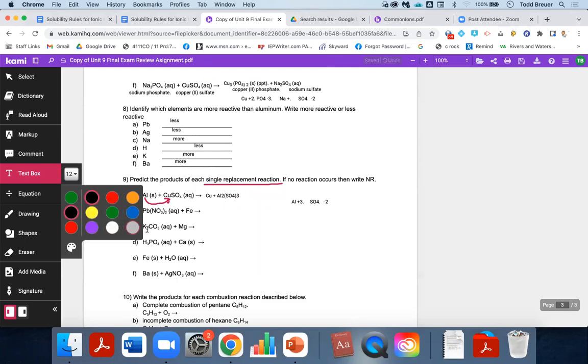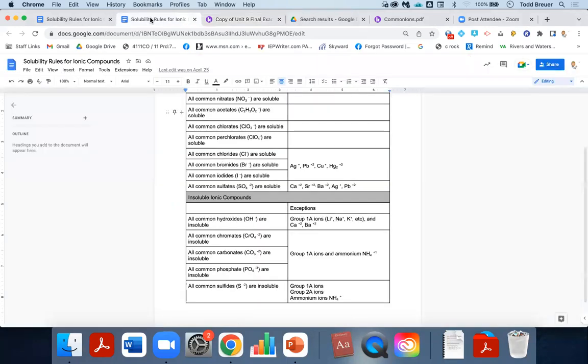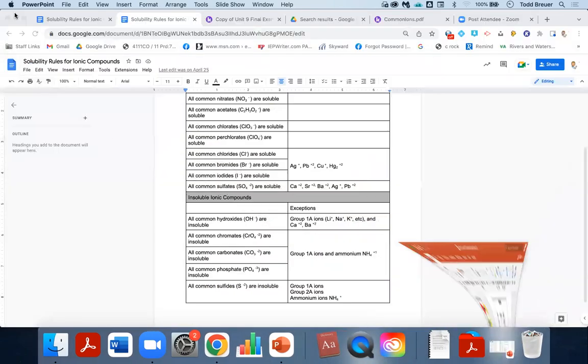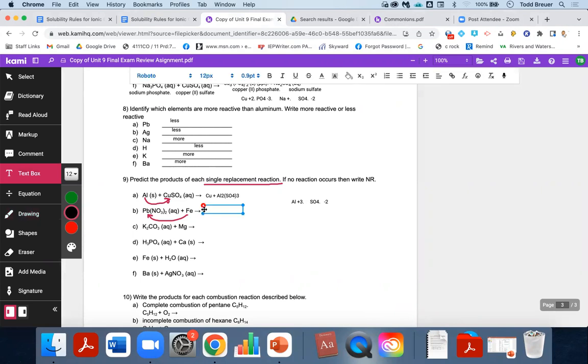So in the next example, here's iron, the element by itself, trying to replace lead. Well, iron can only replace lead if it's more reactive. Turns out when we look at, not the solubility chart, Mr. Brewer, turns out when we look at the activity series, iron is above lead. So iron is more reactive than lead. So let's just assume it's going to be the iron +2 ion when we go to write the charges. So we know lead is going to be replaced by iron.